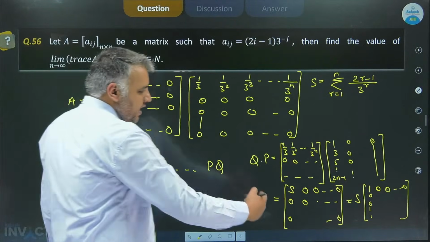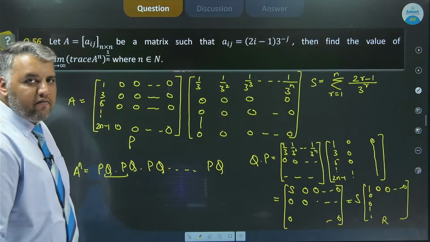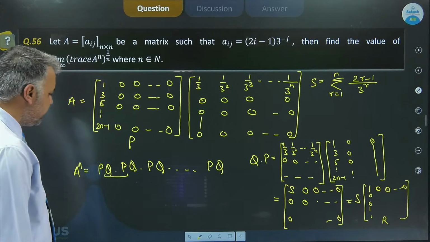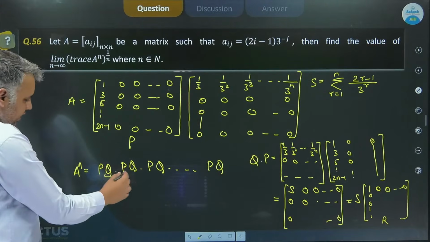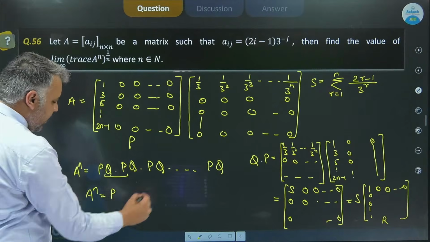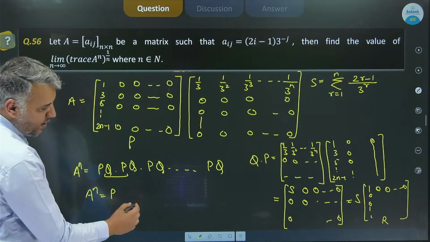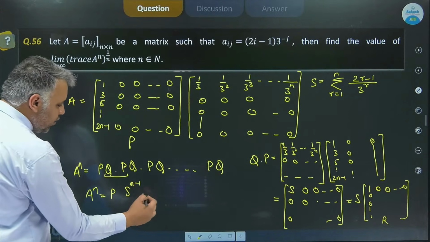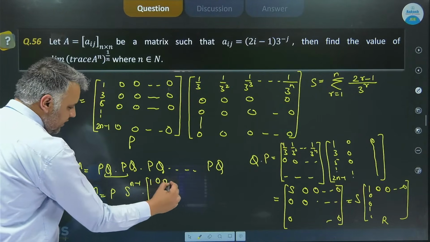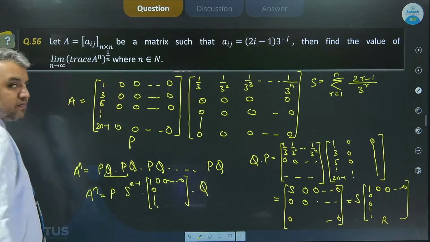And if I name this matrix as R, then R square will be R only, R cube will be R only, R power n will be R only. Okay, now A power n is equal to P into (QP) whole power n - 1. So (QP) whole power n - 1 will be S power n - 1 into R power n - 1, which is R only, which is 1, 0, 0, and so on, multiplied by Q in the last. Okay.